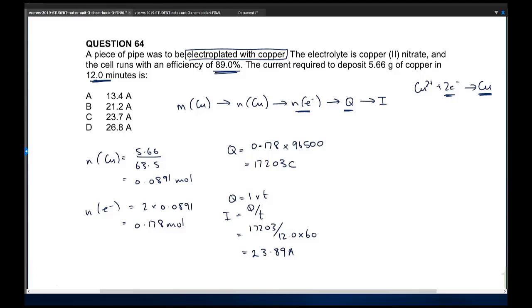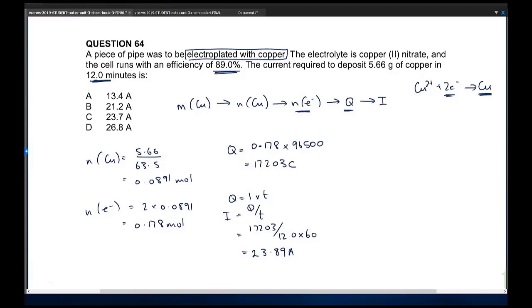And some students will just go, okay, well I'll find 89% of 23.89 amps. Does that make sense though? That's right. Okay, so the way I get students to think about this is we're required to get 5.66 grams of copper. That's how much we want to get.